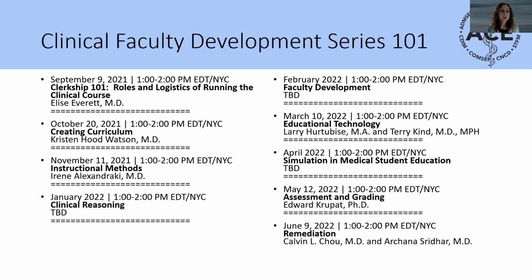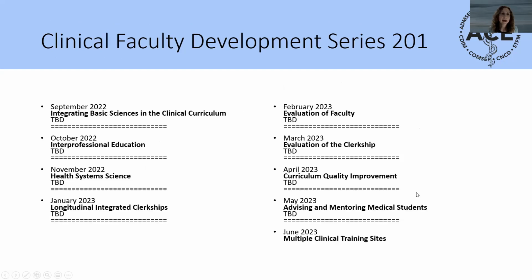And just some highlights here you can see. So there is a series of webinars. You can see the first 2 that already took place, this one today, and then there are wonderful topics coming up. And this is the 101 series. Then there is the 201.